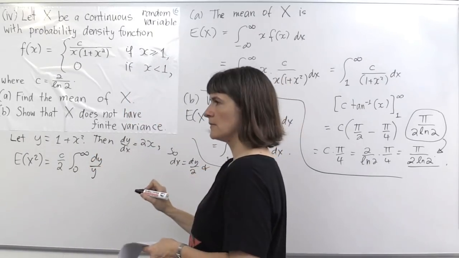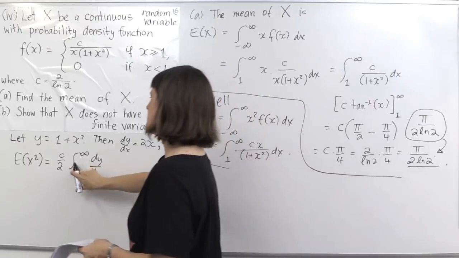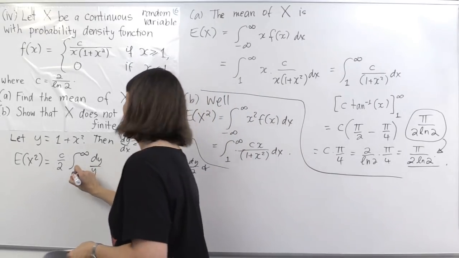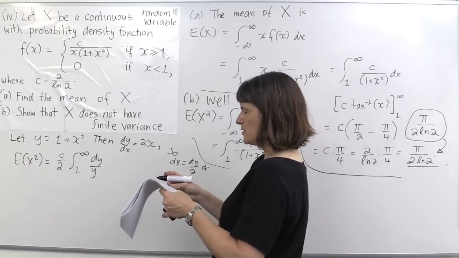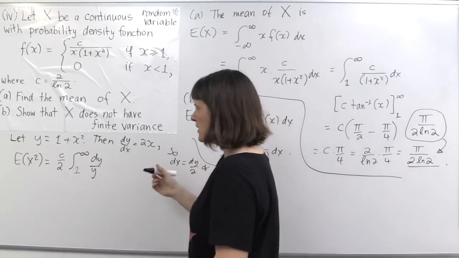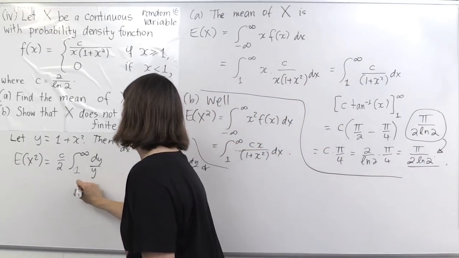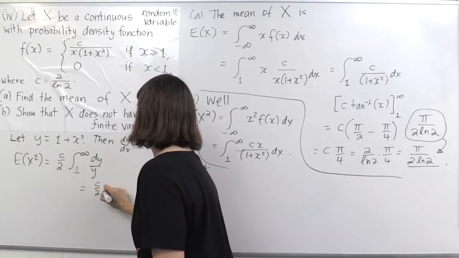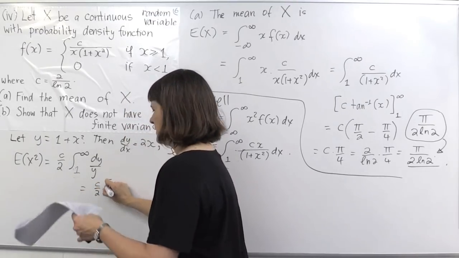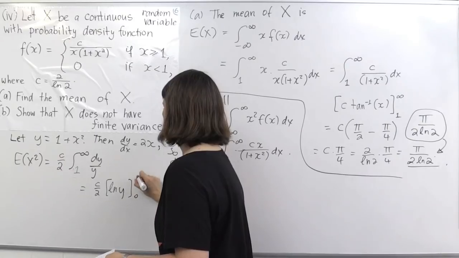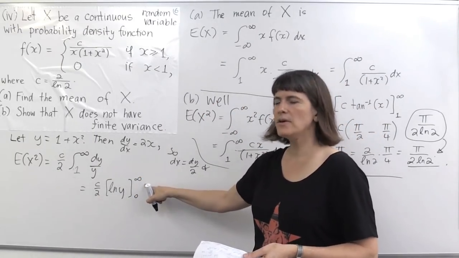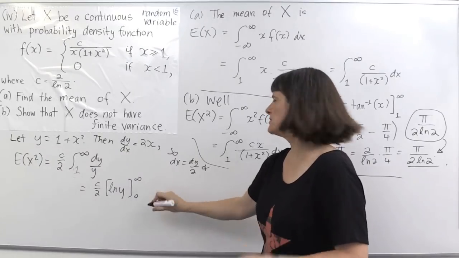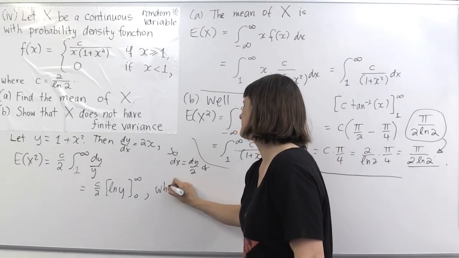The limits go from 1 to infinity, not 0, we don't like 0 on the denominator. Thank you, John. And so this is log. This is c over 2 log y, evaluated between 1 and infinity, which is a limit here. The point is, the limit is infinite.